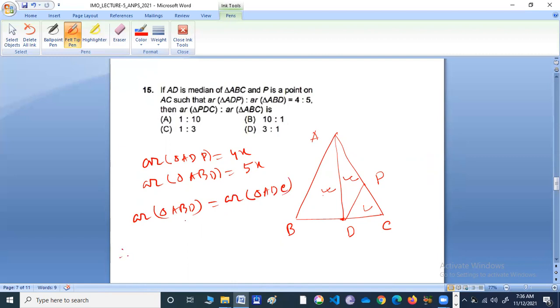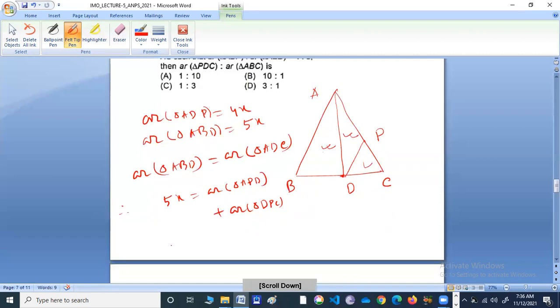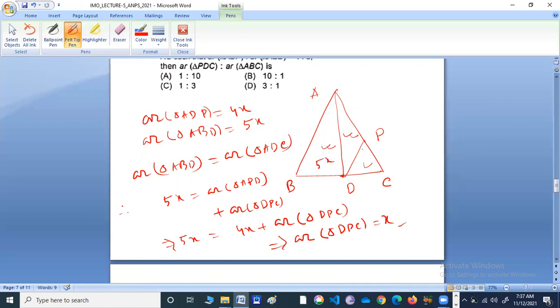So area of ABD is 5x, and area of ADC means area of triangle APD plus area of triangle DPC. So this is 5x, given. This equals 4x plus area of triangle DPC. Therefore area of triangle DPC is equal to 5x minus 4x, so it becomes x. So now we can do it very easily. This is 5x ABD. This is 4x.